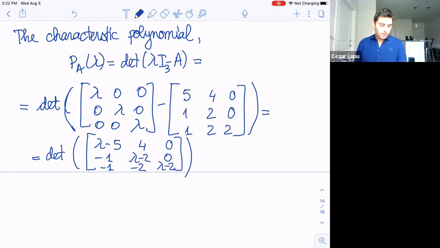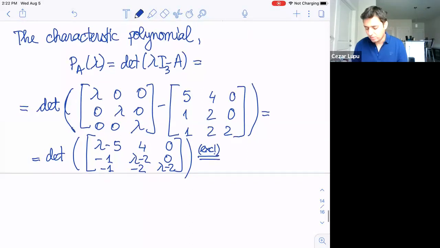I will leave it to you to compute this determinant, so that we don't lose more time with something you can do by yourself.